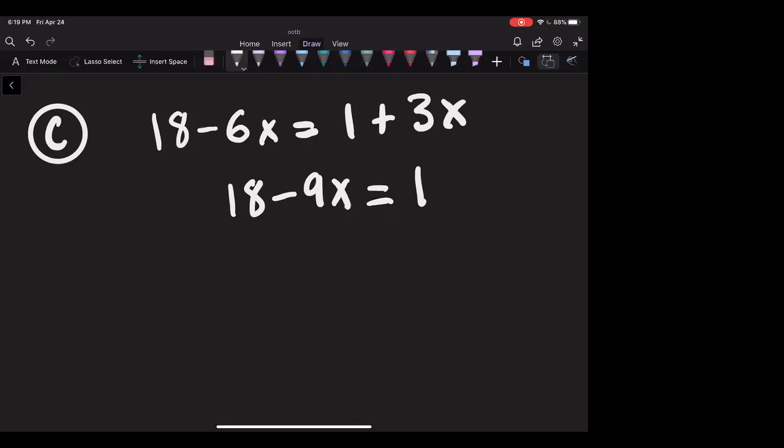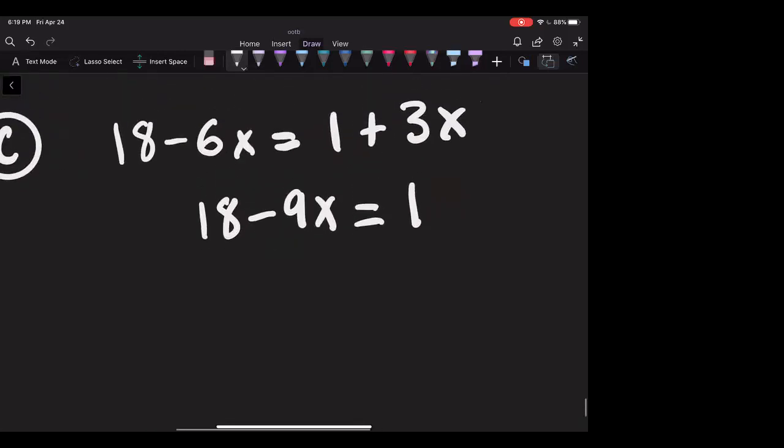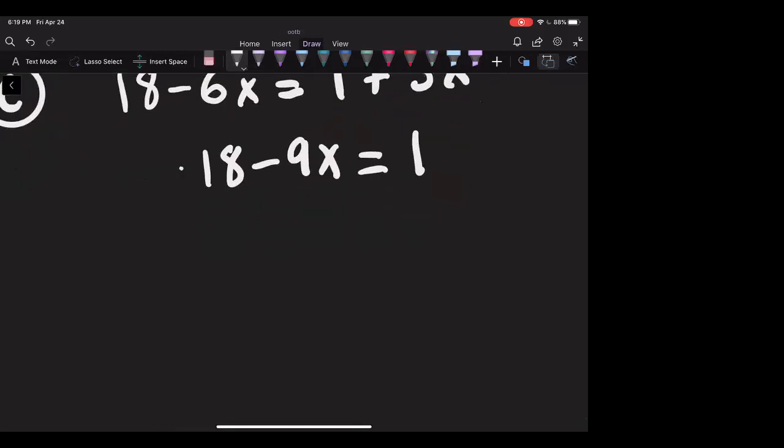Okay, let me see. So this is where you were at, right? This is positive 18, right? Okay, and then you have to minus 18. Positive 1.